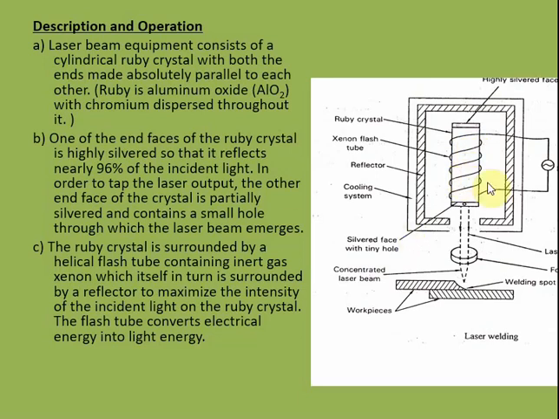And also the entire system is kept inside a highly reflective coating, something like this. The walls of this coating are cooled using some cooling fluid passing through, which is used to avoid excess heating of this entire system, including the ruby crystal, the xenon tube, etc.